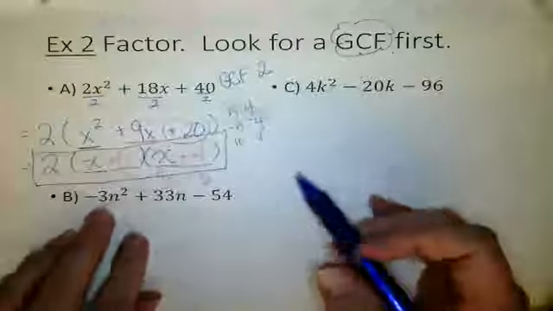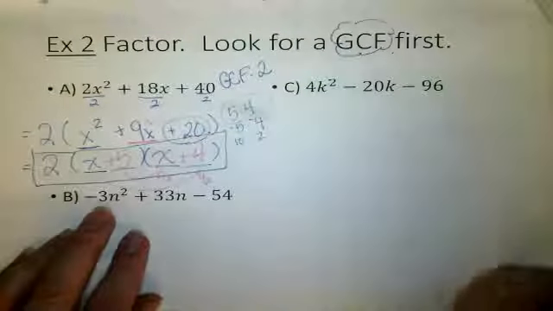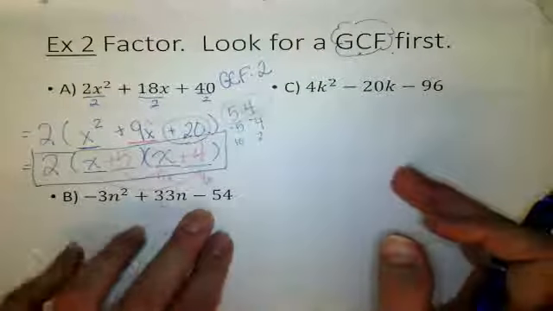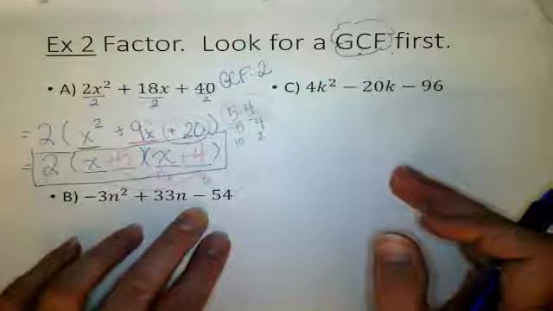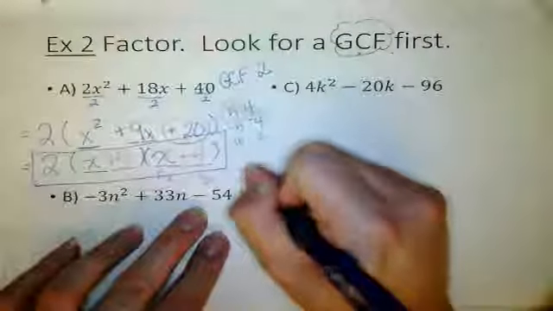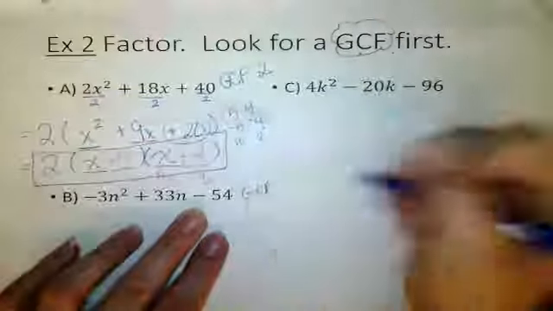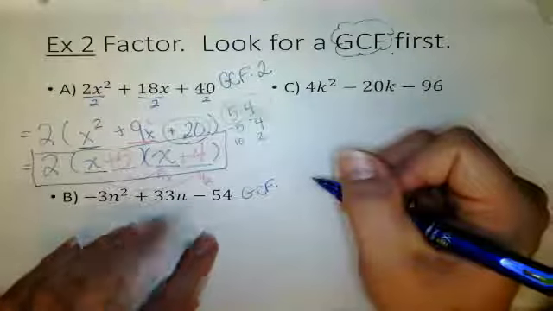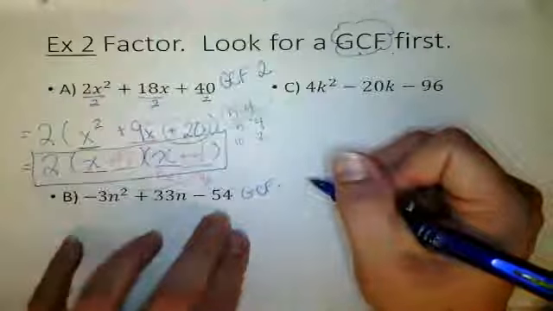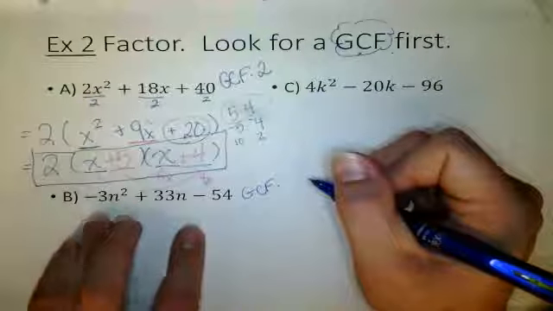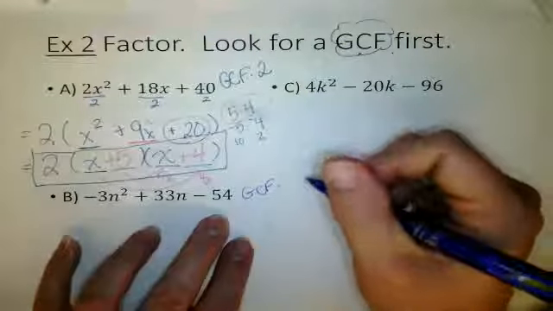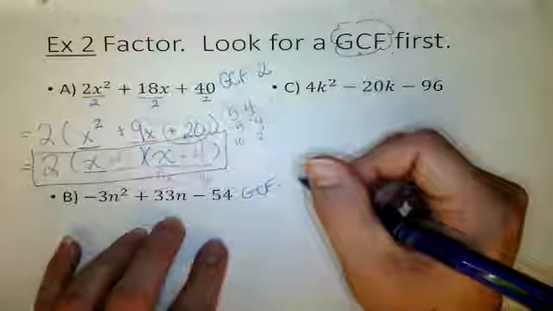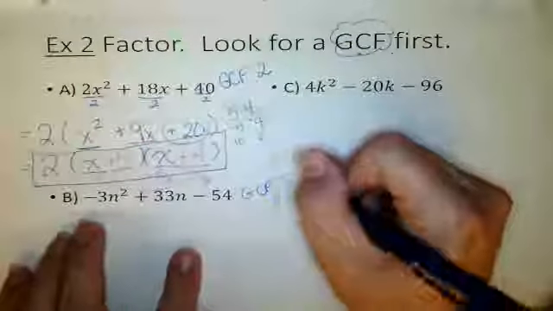Letter B, negative 3n squared plus 33n minus 54. Is there a greatest common factor? What number are they all divisible by? 3.